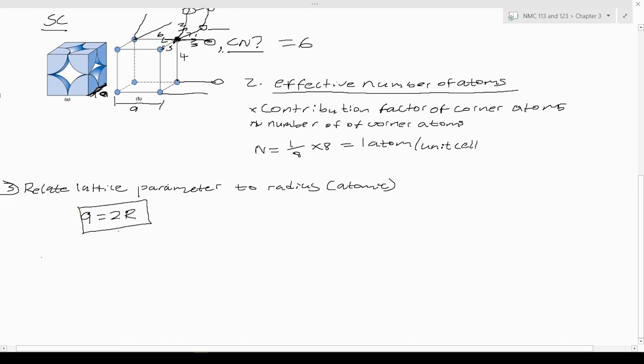And now fourthly, you have to determine the atomic packing factor. We say that the atomic packing factor is the total atomic radius, right, within the unit cell over the unit cell volume.